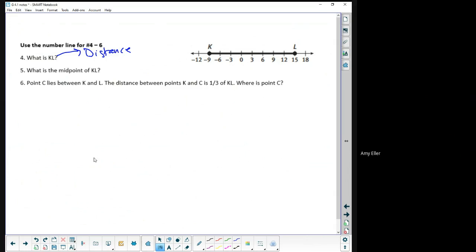Here's the way that would go with the formula. Let's write this down. Subtract the 2 in either order.